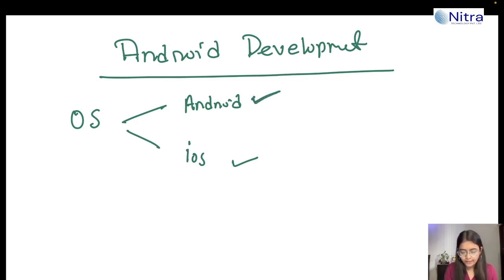We have Android app developers, iOS developers, and there is cross platform as well. That is, you write the code once and it will run on all the platforms, but many native features, specific to the operating system, are compromised in the cross platform domain. Perfect.